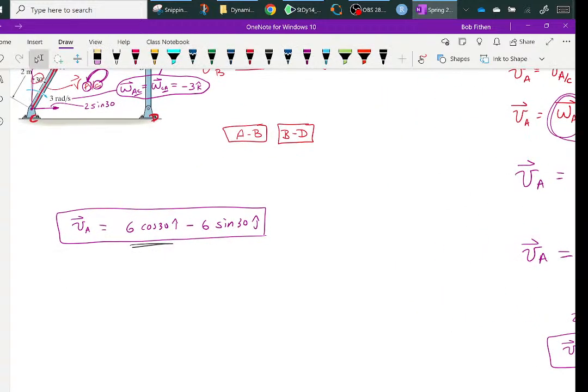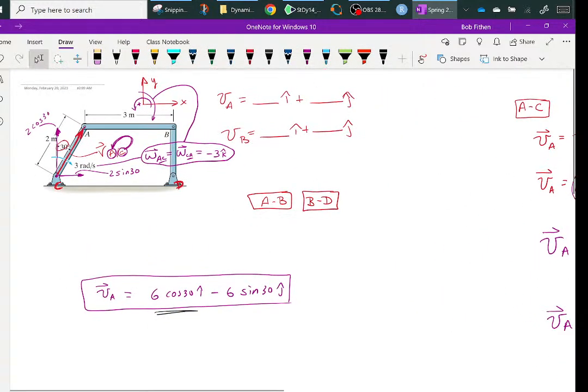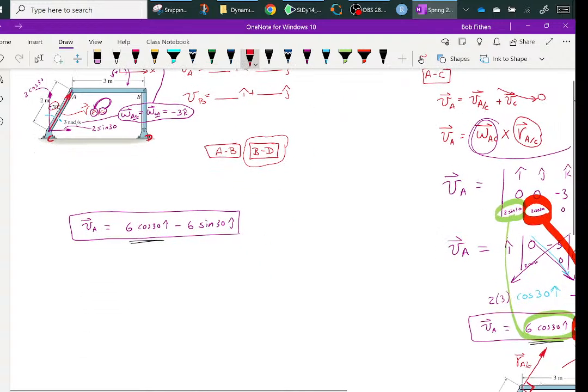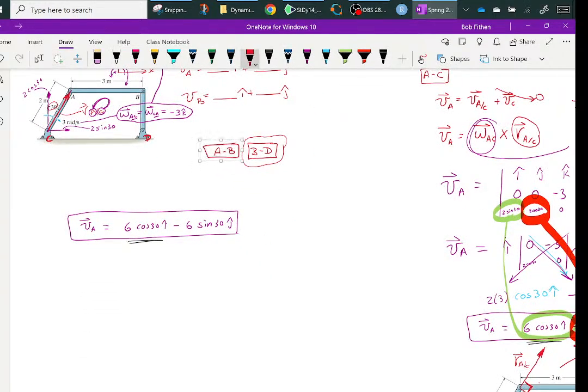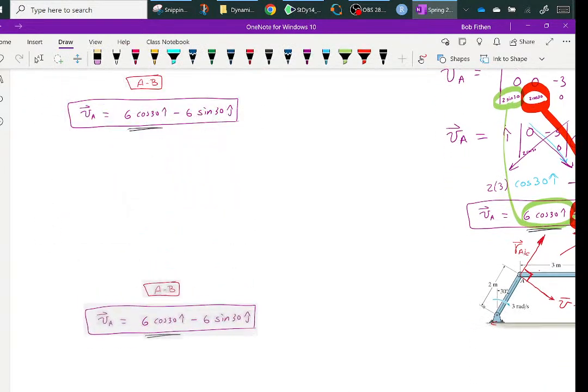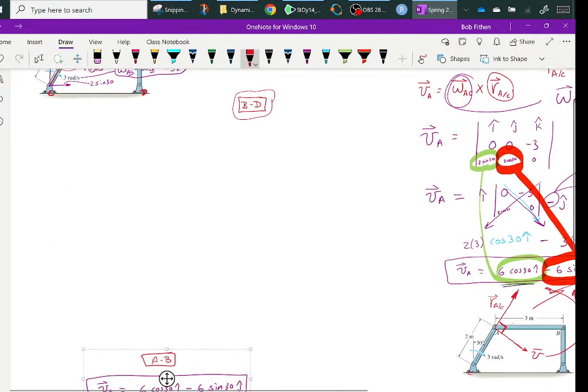The next part of the problem is I want to run down link AB. Okay, maybe in the meantime, what I could do is run down the link. So here's what I'll do. Maybe I'll do BD first, or DB, and then what I'll do is save this one together and move it down there. And you'll see why I'm doing that in a second.